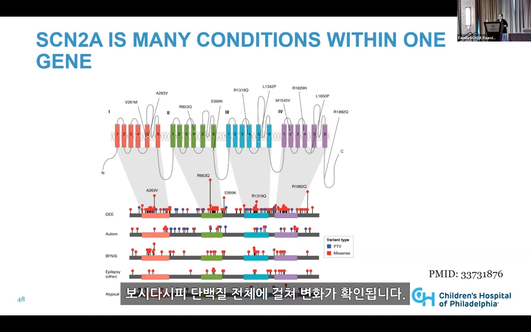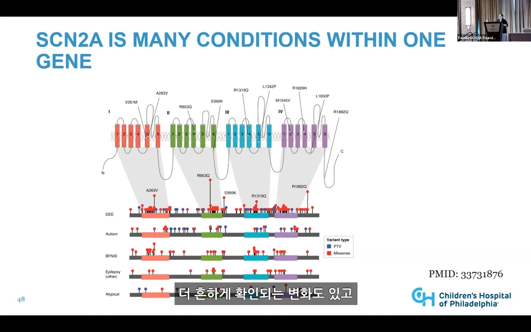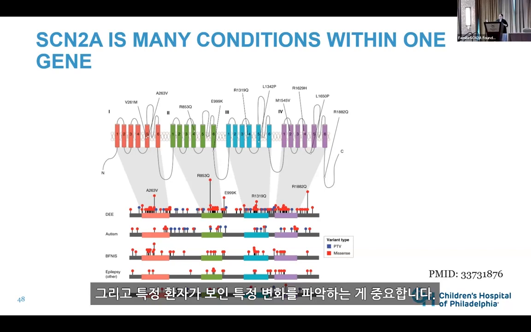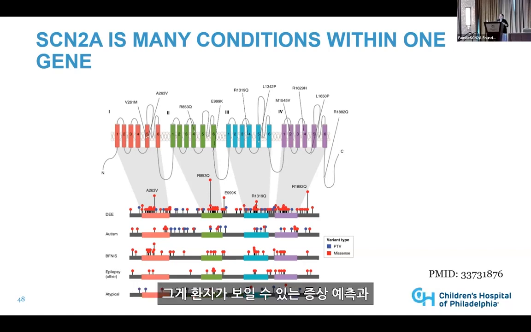And there you can see there are changes throughout the entire protein. There are some changes that are more common, some changes that are reported only in a single individual. And it's important, again, to know which particular change a given individual has, because this plays a role in what we think about the symptoms that they may be at risk for and their treatment and management.